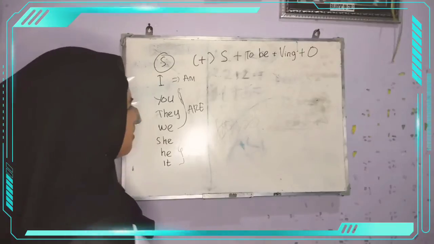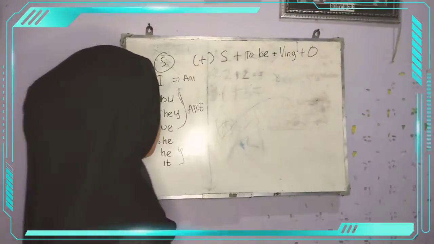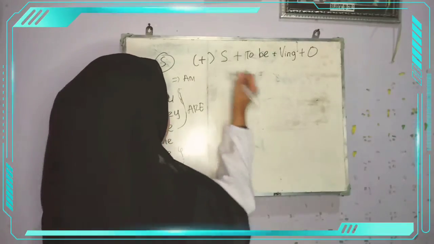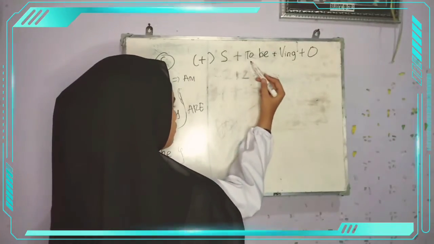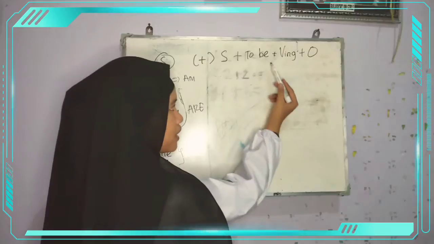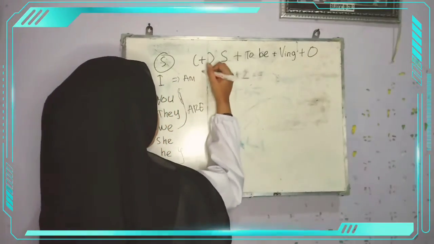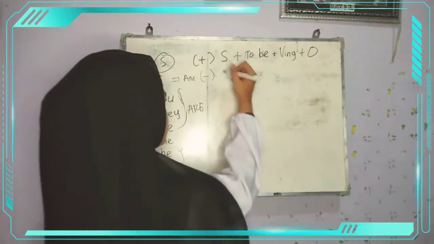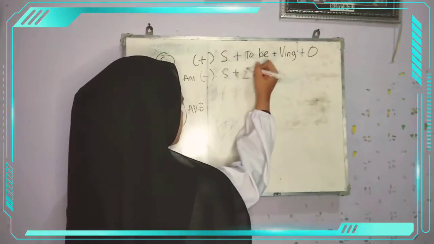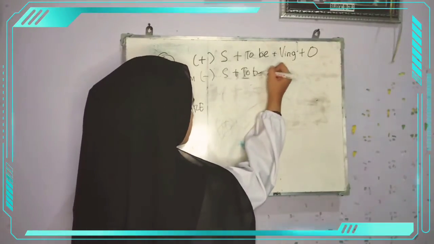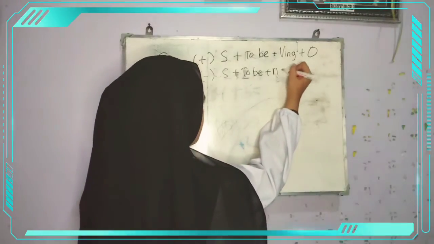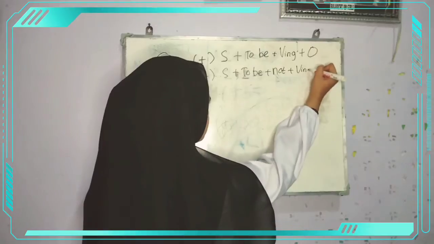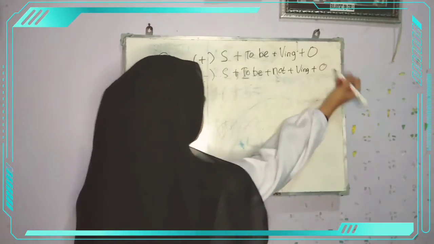It's similar to simple present, but not the same, because of the to be and the verb-ing. For the negative pattern it is subject, to be, plus not, plus verb-ing and object.